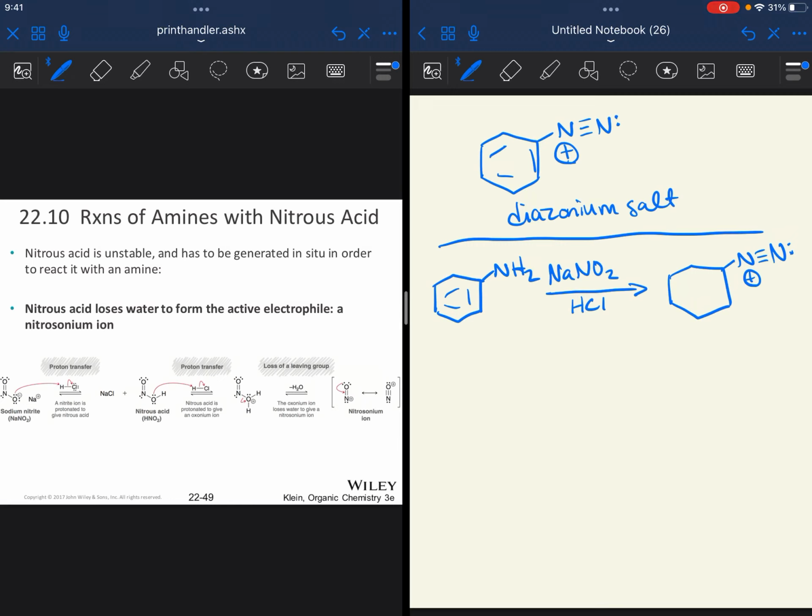Now, to make this, it's not a short mechanism. It's a little bit of a longer mechanism. And so the story really begins right here with the starting materials. The sodium nitrite and the HCl are not what is directly reacting with the amine.